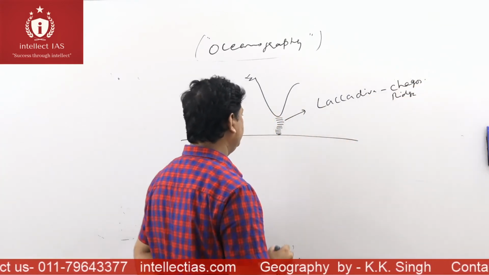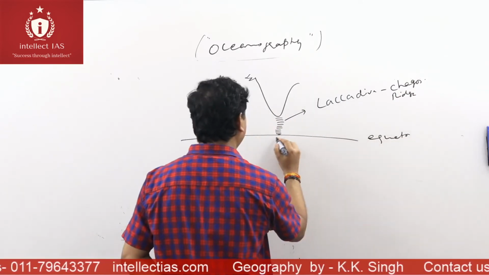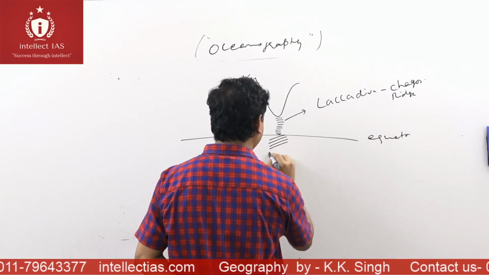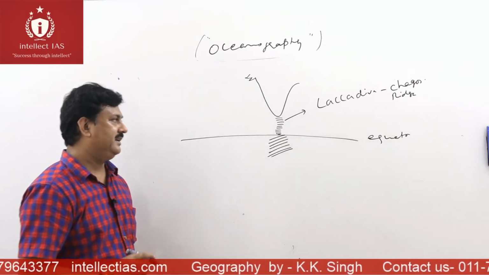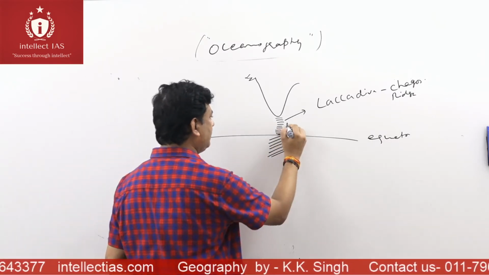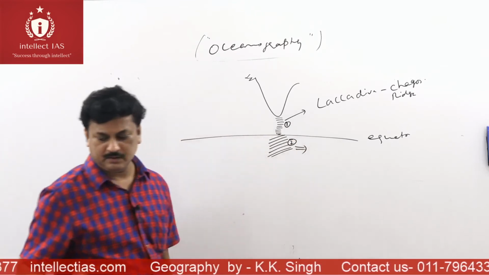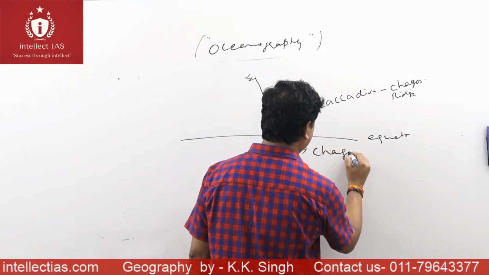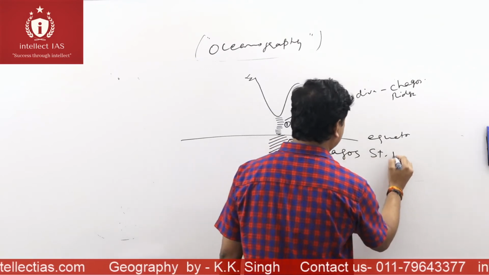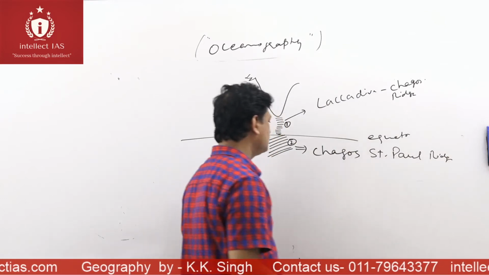This is the equator. After the equator its width increases and the name changes. This is number 2, Chagos-St. Paul Ridge or Rise.